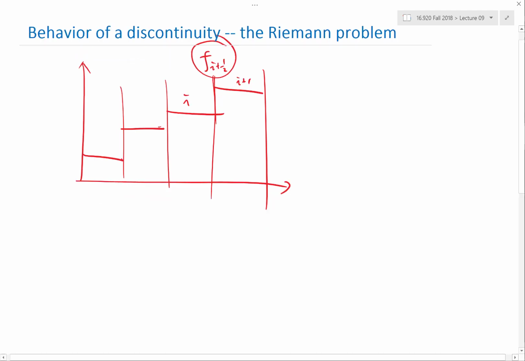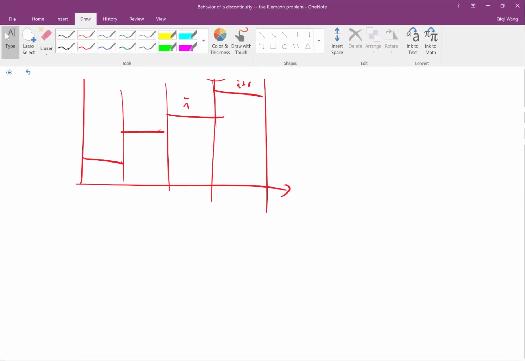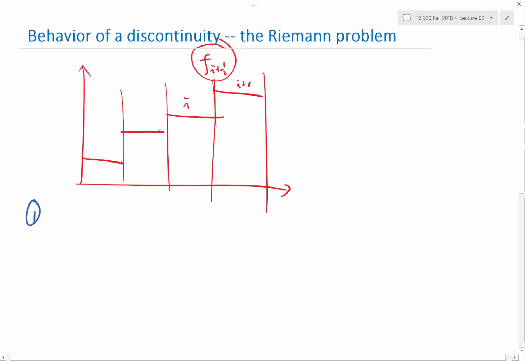Let me just give you two cases, right? The two cases exactly coincide with what we just had. In the first case, we had the left cell Wi equal to 1, and Wi plus 1 equal to minus 1.